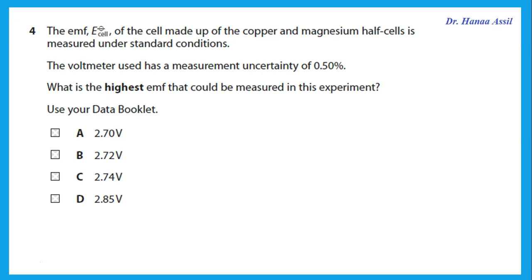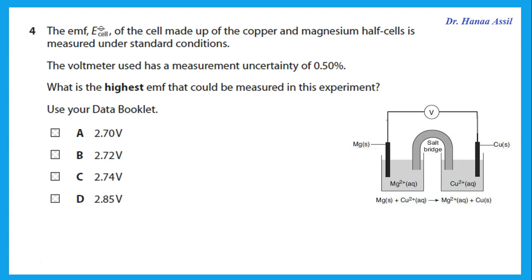The EMF of the cell, made up of copper and magnesium half cells, is measured under standard conditions. The voltmeter used has an uncertainty of 0.5%. What is the highest EMF that could be measured in this experiment? Okay, we need to find out first this setup of copper half cells with magnesium half cells.